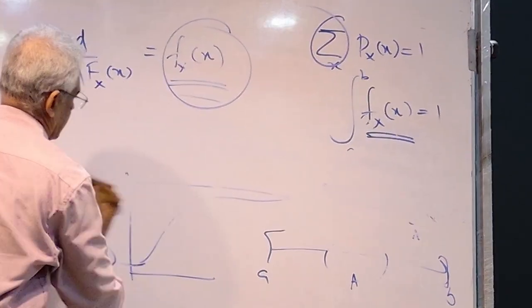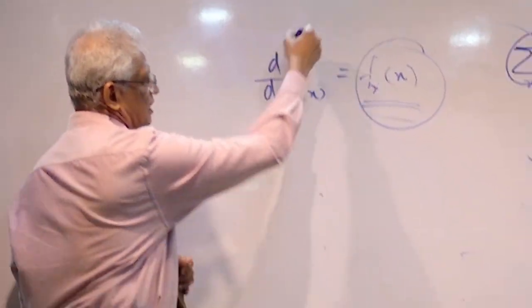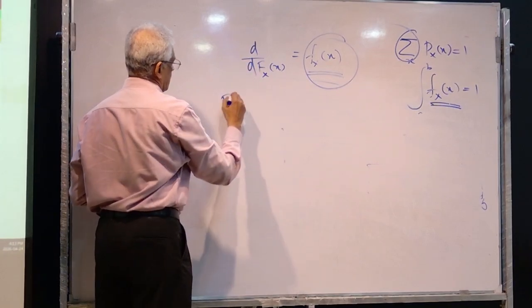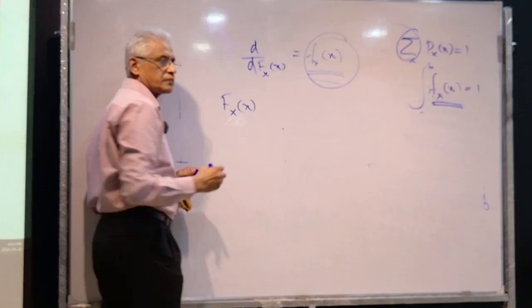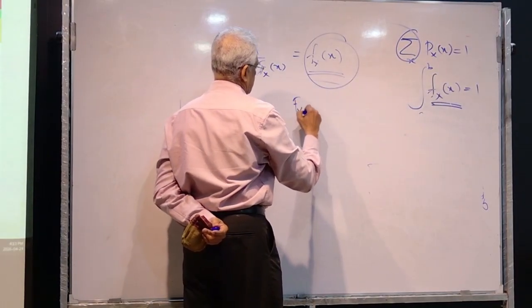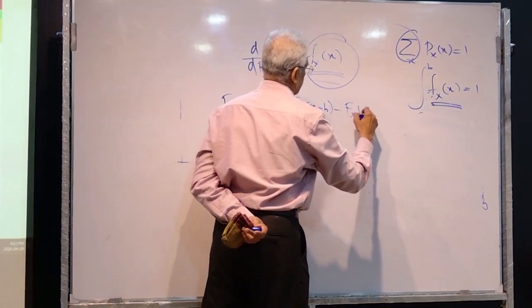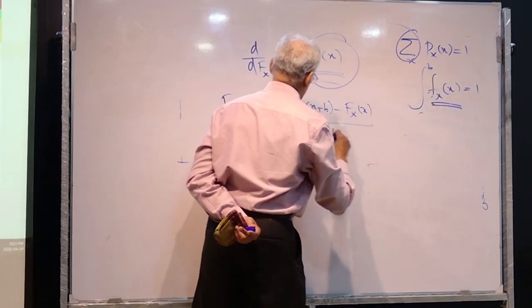Actually, from here itself I can now explain why it is called density, because this is the derivative. What is the derivative of a function? The derivative is equal to the limit as h goes to 0 of F(x+h) minus F(x), divided by h.